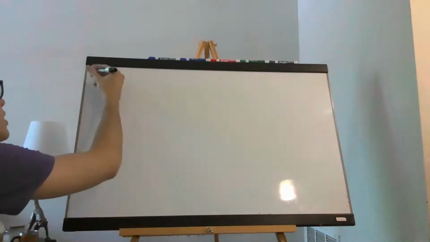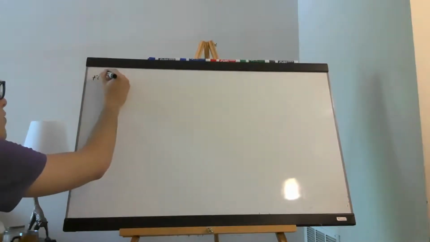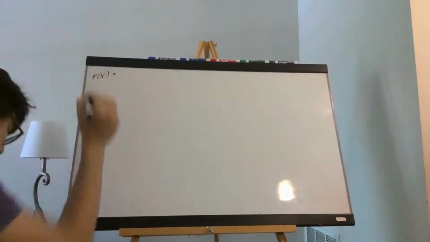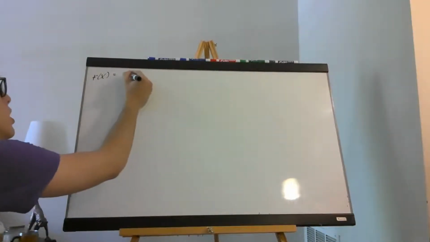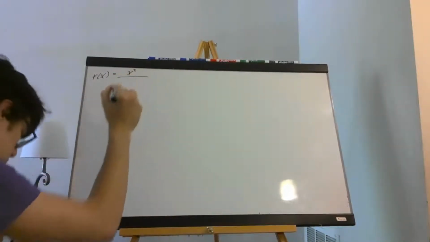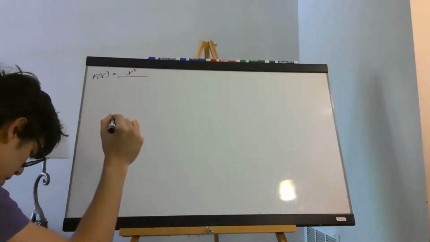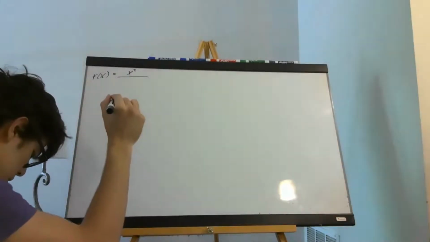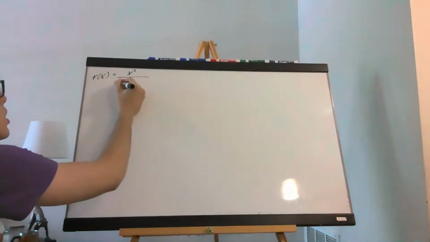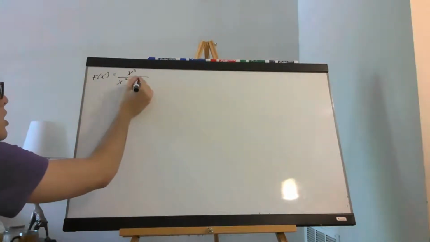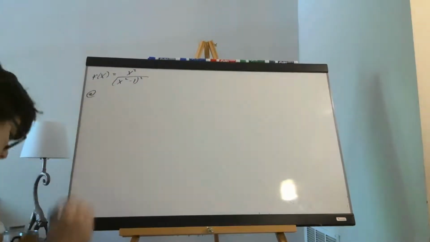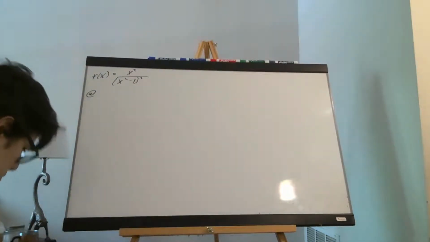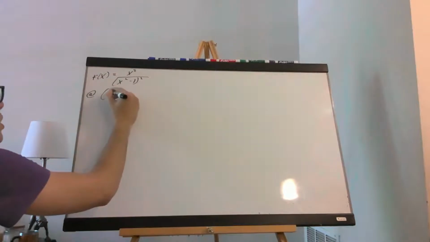So we've got f of x is equal to x squared over x squared minus 1 squared, at 2, 4 over 9.